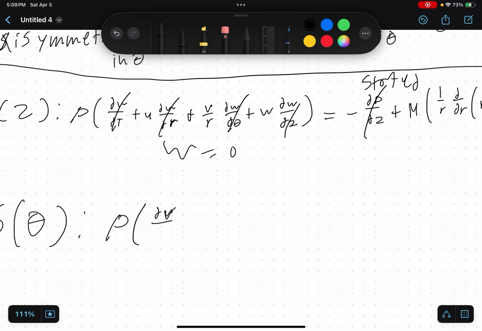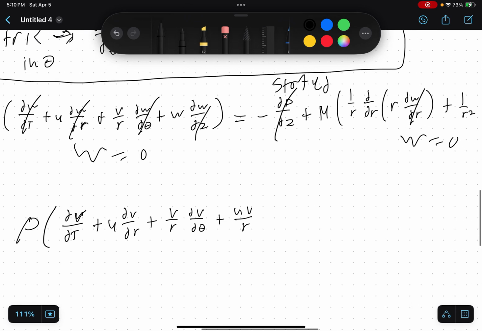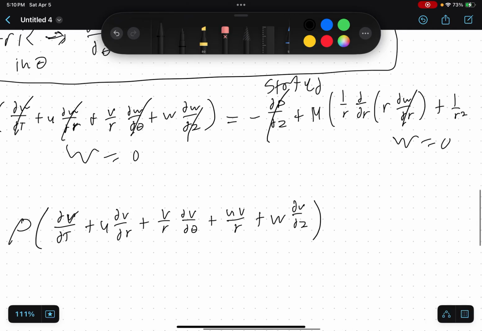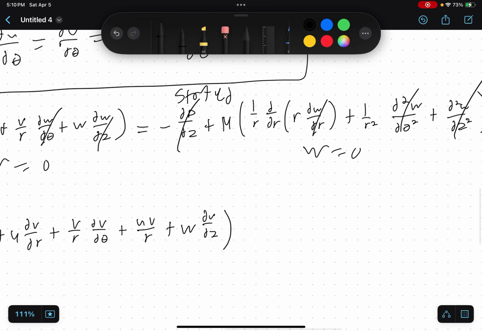This is a V. I forgot to do the continuity equation. We'll do that in a second.